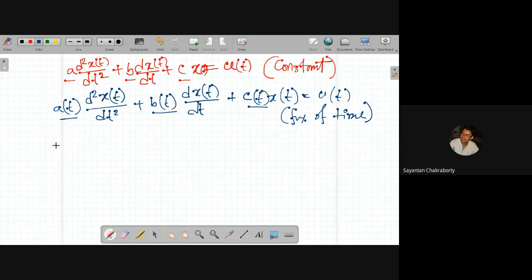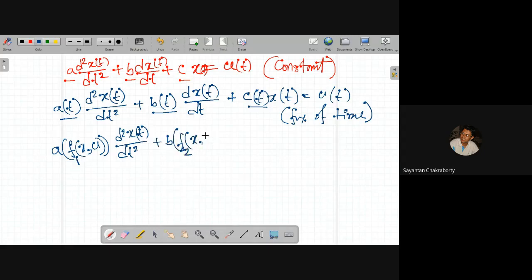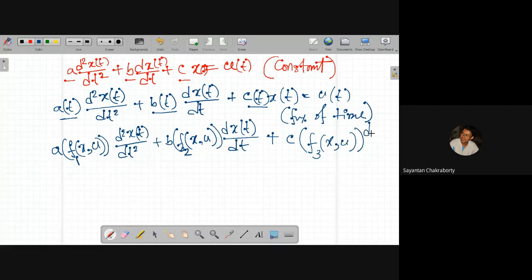So the third case may appear where this a will be a function of say x and u. B may be a function of another function, say this is f1, this is f2 of x and u, plus c another function of x and u.